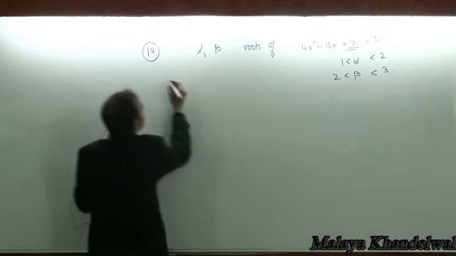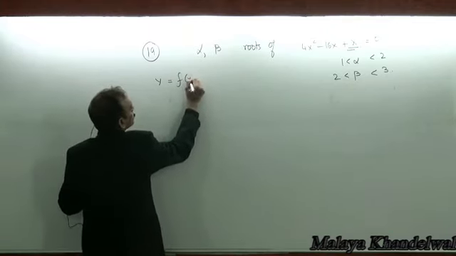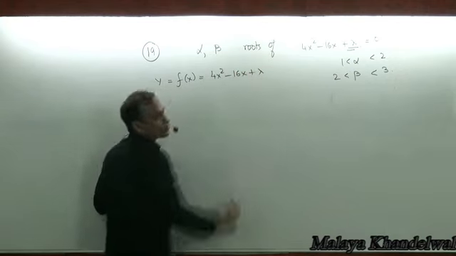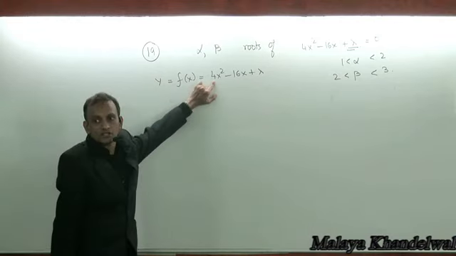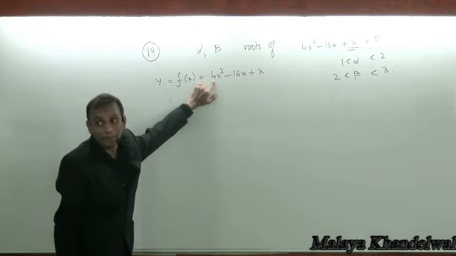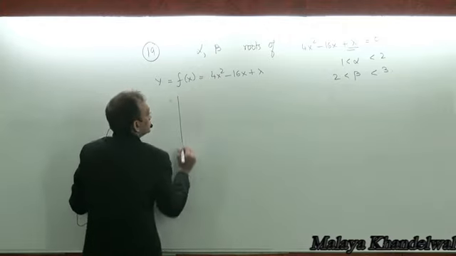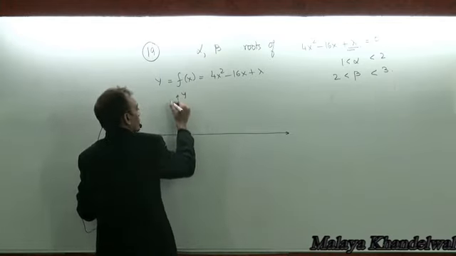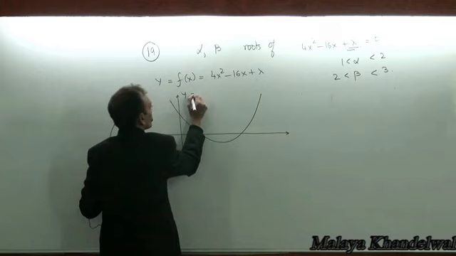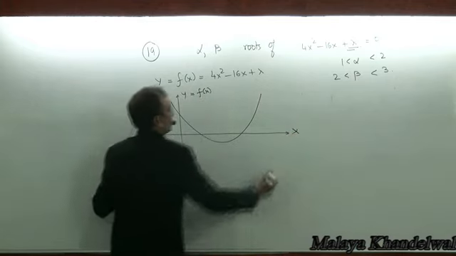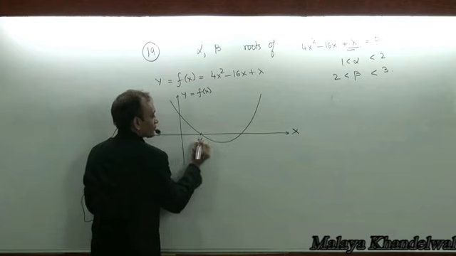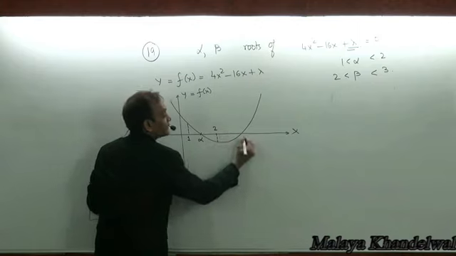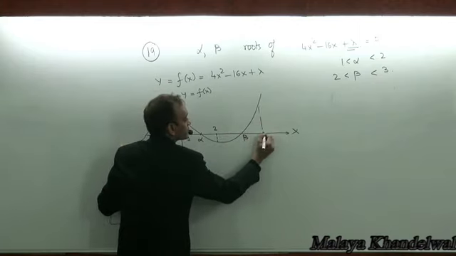Now, this quadratic y equal to f(x), which is 4x squared minus 16x plus lambda. That's a quadratic. What will be the graph of this? Upward opening parabola, where alpha lies between 1 and 2 and beta lies between 2 and 3.